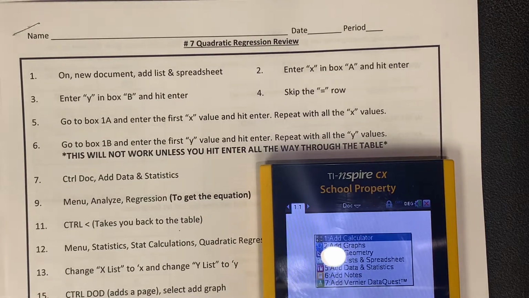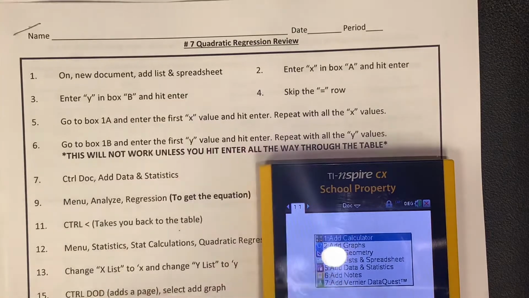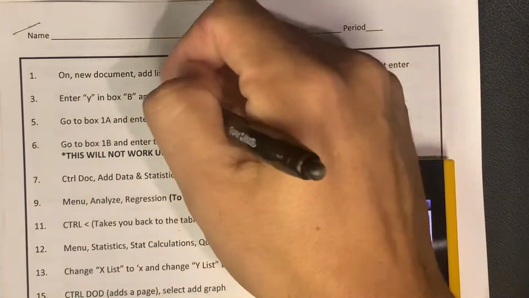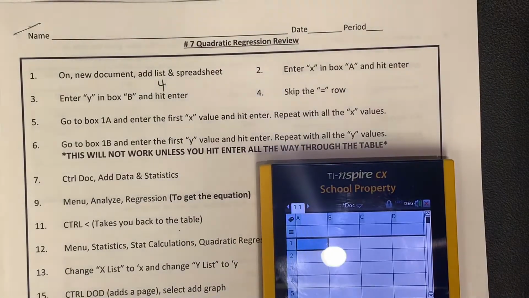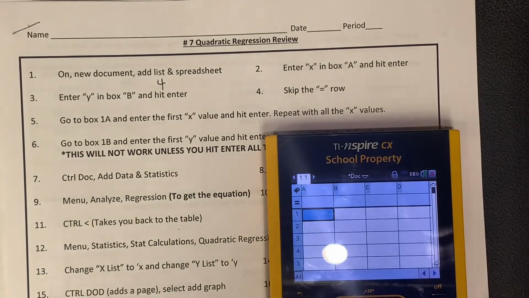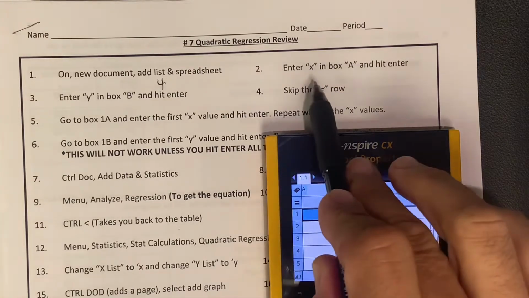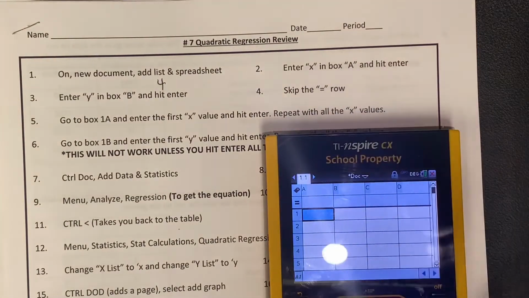But go to that one, and then we're gonna start with a list in spreadsheets, right? So what I'm doing is I'm writing down the numbers of the things we're pushing because it's a lot easier on the numbers. So we do 4 right here. This is number 4. So when we do a new one, hit the number 4, and that's what you'll see, okay? Enter X into box A and hit enter.